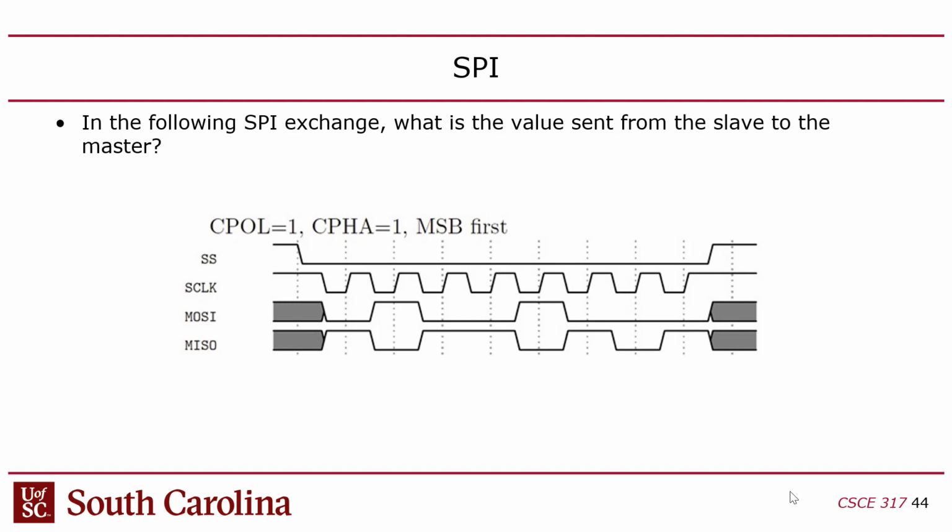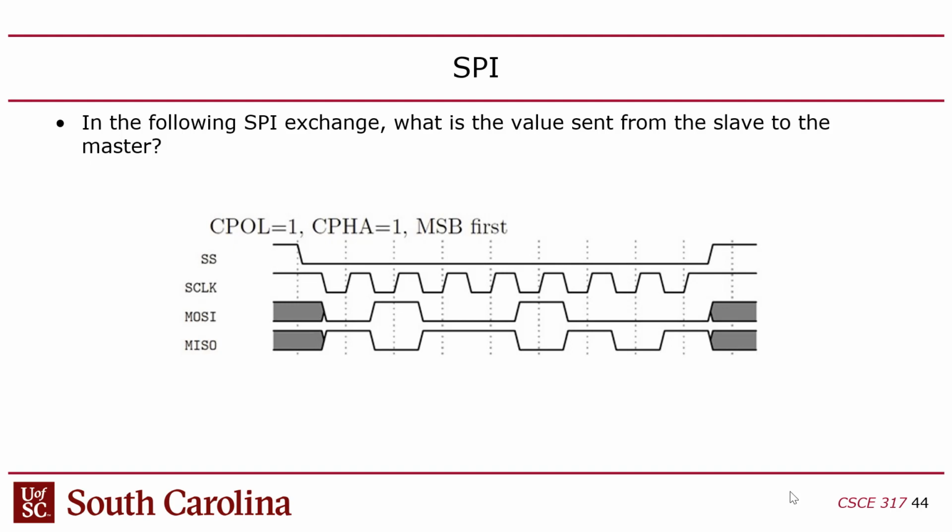If you look at MOSI, master out, slave in, the data going to the peripheral from the CPU, it's going to be 0, 1, 0, 0, 1, 0, 0, 0. And the data going the other way is 1, 0, 1, 1, 0, 1, 0, 1. Okay?